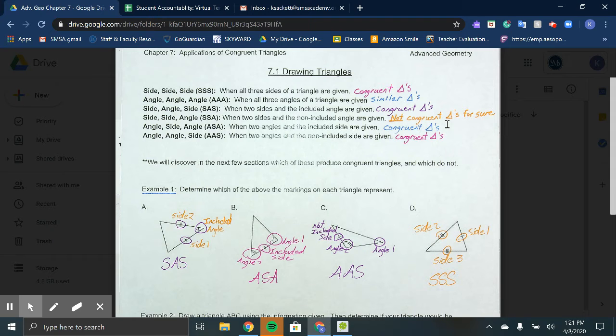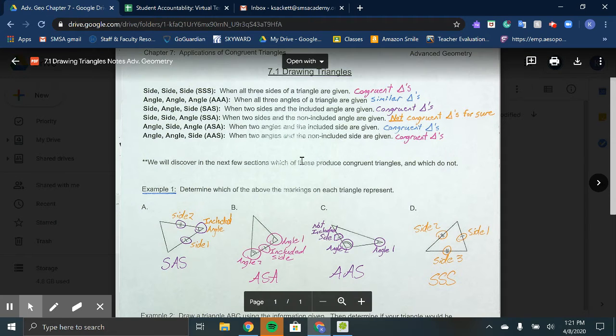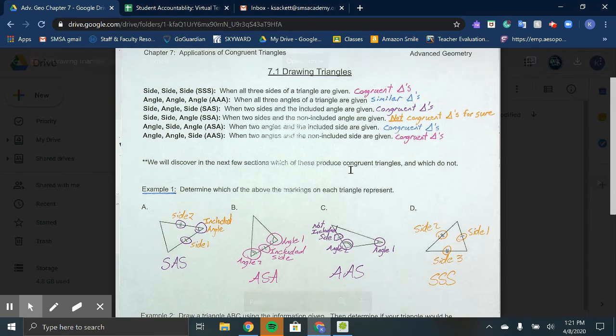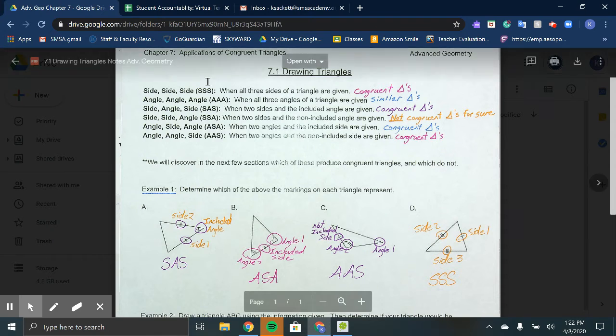That would be like example 1c below. That also always results in congruent triangles. In the next few sections, we're going to go deeper into how these result in congruent triangles. For today's section, you just need to know these relationships and whether they guarantee we'll have congruent or not congruent triangles.